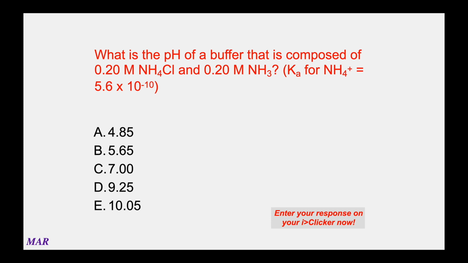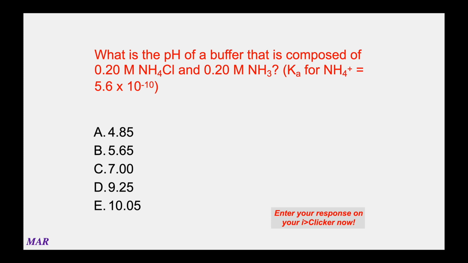You have both ammonium and ammonia. Ammonium will go down because you have to make some hydronium, so ammonia and hydronium would both increase by X. At equilibrium, you'd have 0.20 minus X for ammonium, and ammonia would be 0.20 plus X, and hydronium would be X. You'd set that all equal to 5.6 times 10 to the minus 10th.